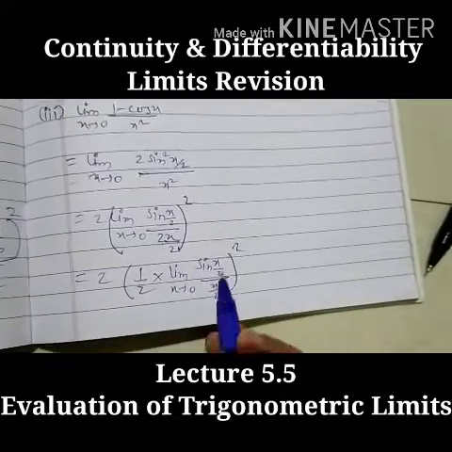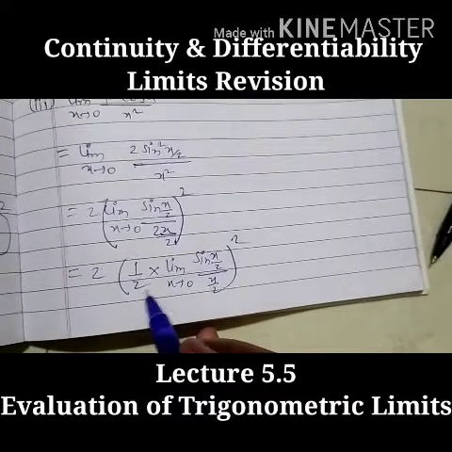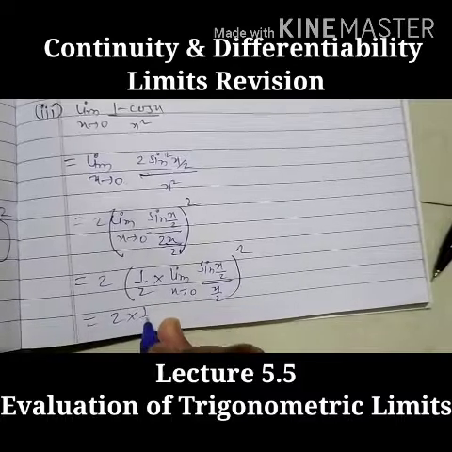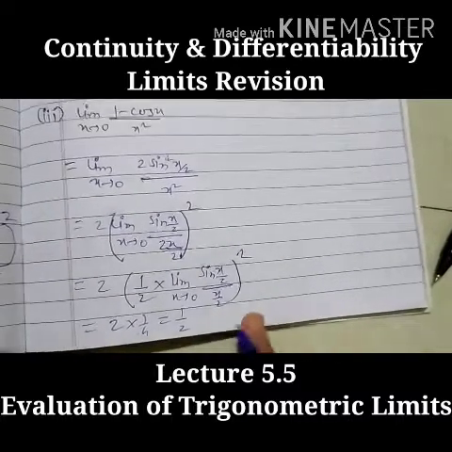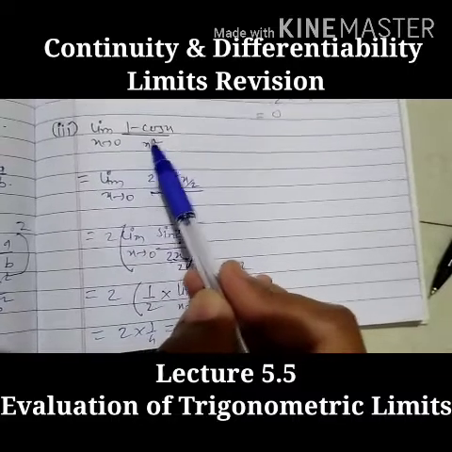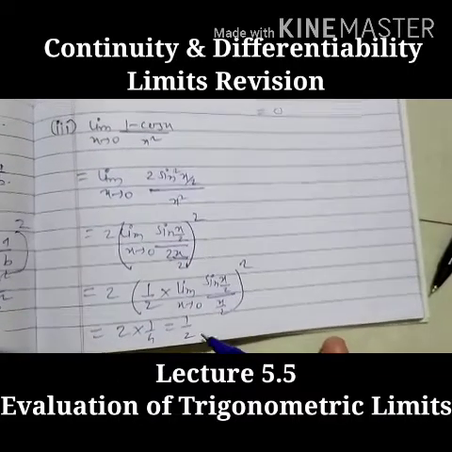Now this limiting value will be 1, and (1 by 2 into 1) whole square will be 1 by 4. So 2 into 1 by 4 is equal to 1 by 2. Understood? So limit as x tends to 0, 1 minus cos x upon x square is 1 by 2.